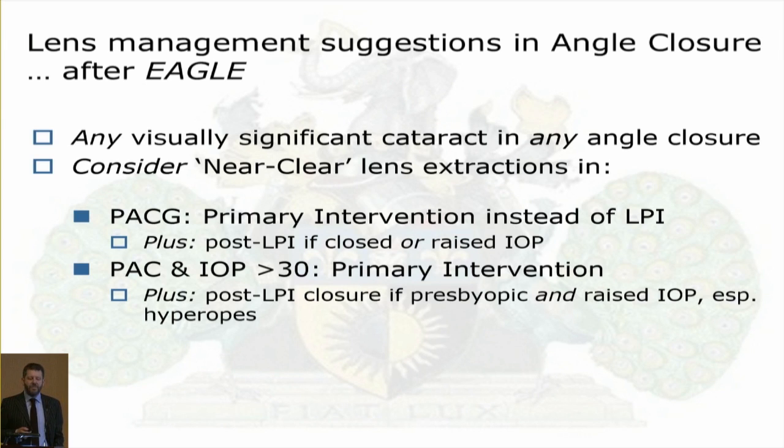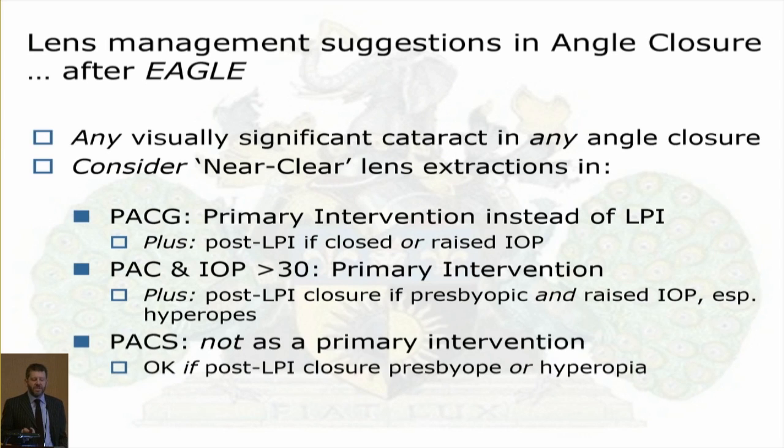Post-LPI closure, if they've had a PI in the past and they're presbyopic, well, when they get raised intraocular pressure, particularly for the hyperopes, then generally speaking, I'm taking out their lenses, and they're appreciating that. We're avoiding medical treatment for those groups, and we're giving them a better refractive outcome.